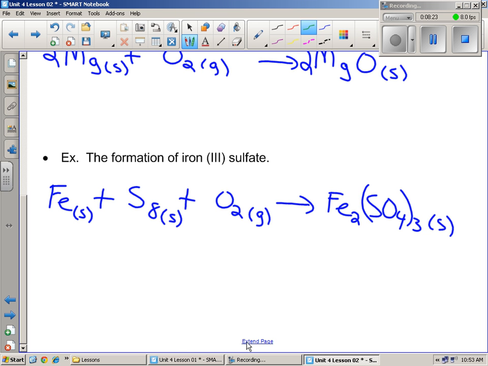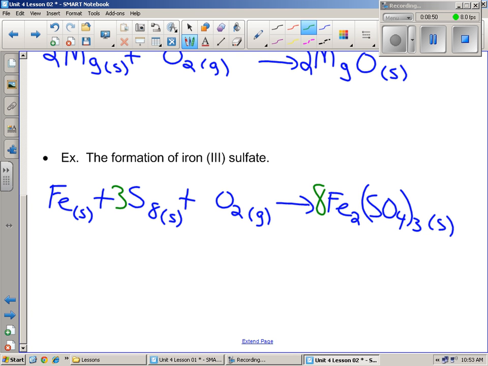So 3 sulfurs, yes? Okay? So I got 3 sulfurs on that side, 8 on this side. How am I going to balance that? Lowest common multiple is what that's called, right? Lowest common multiple of 3 and 8 is 24. So you got to make 24 on each side. So I'm going to put a 3 here. 3 times 8 is 24. And 8 times 3 over there is 24 sulfurs.